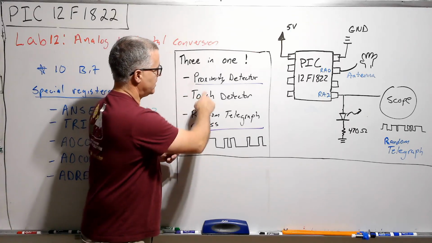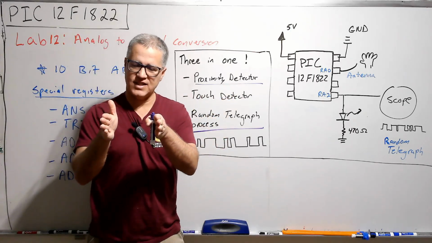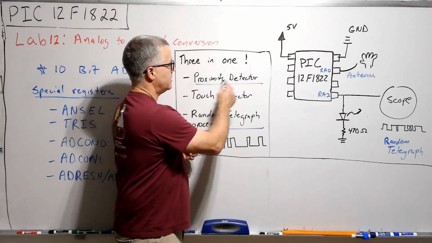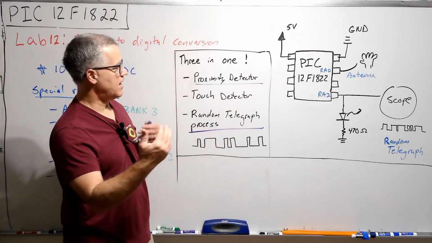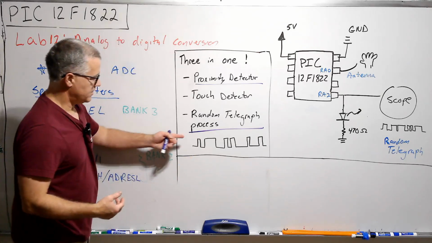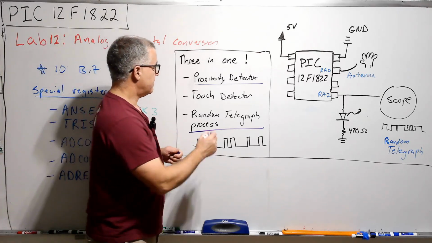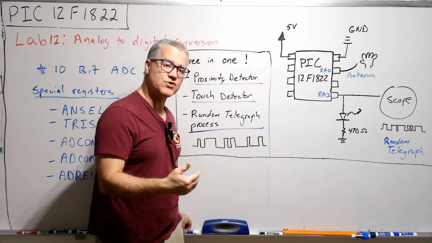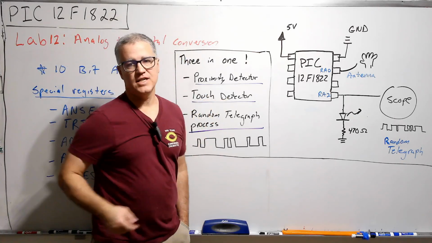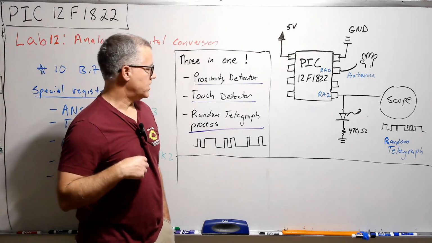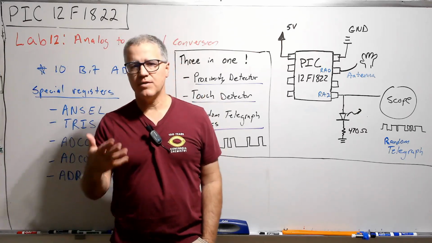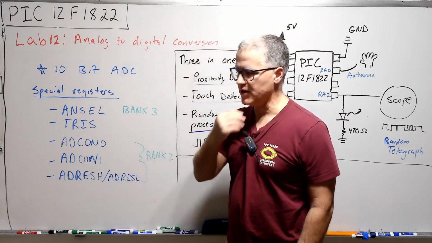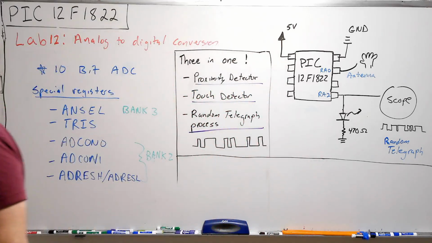If we choose an intermediate one though, we can get it so that we can be kind of close but not touching the antenna, and that will initiate this random telegraph process. And then finally, if we use a more significant bit, then that's almost going to always be off unless we actually touch the wire. So we're going to be able to do 3 very much related things in one here. All right, let's go to the computer and try to work on this.